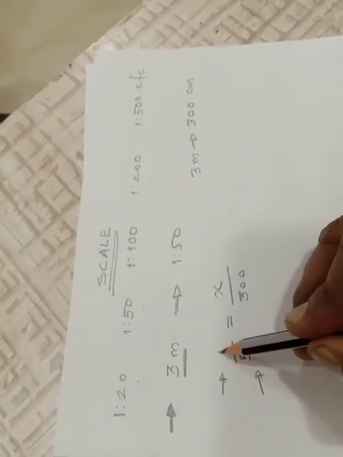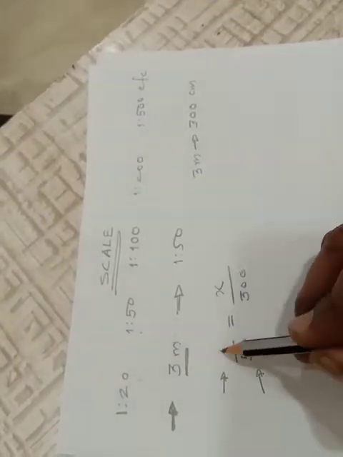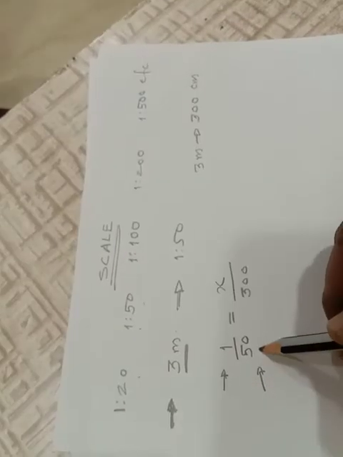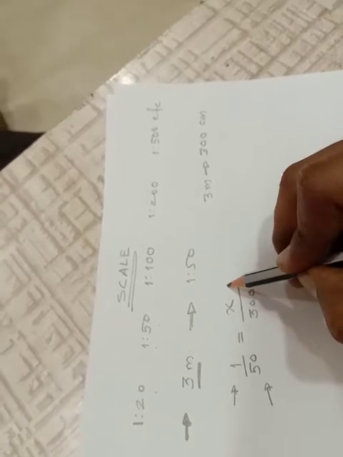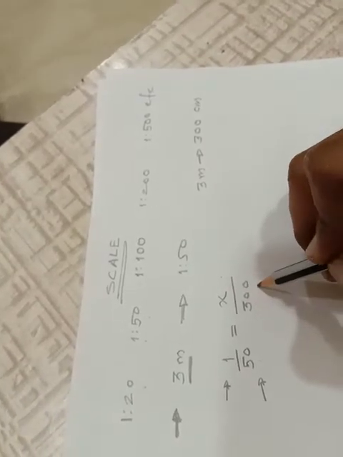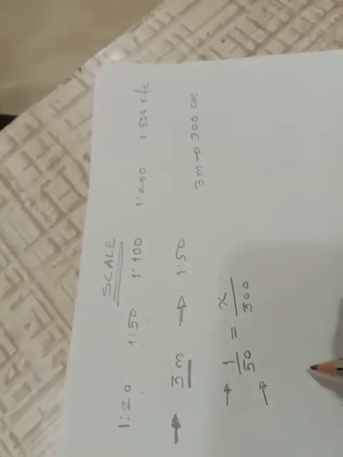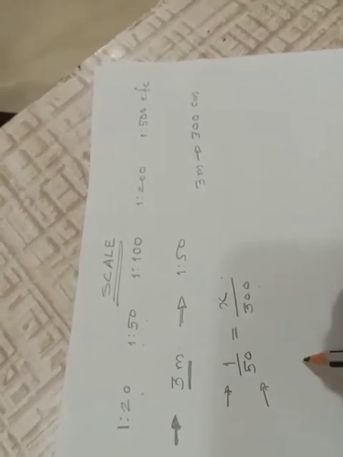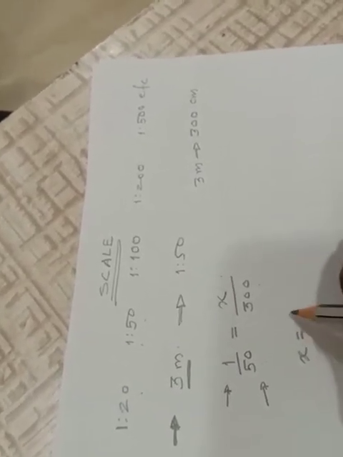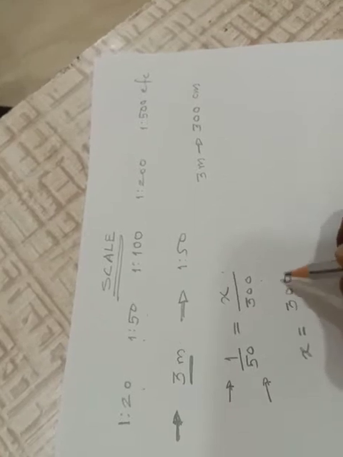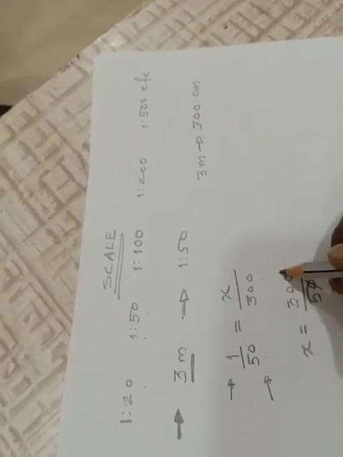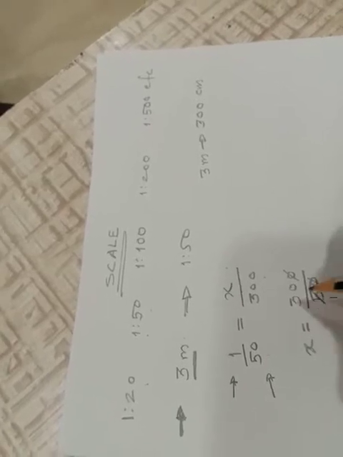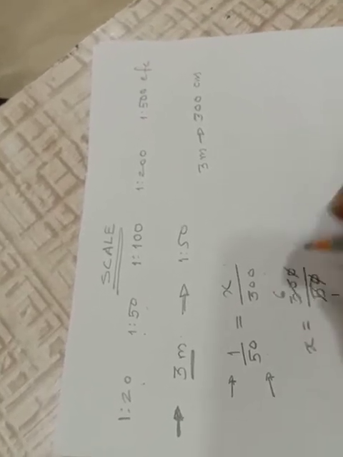1 centimeter on paper, 50 centimeters on ground; X centimeters on paper, 300 centimeters on ground. Now by cross multiplication you will get X is equal to 300 divided by 50. The 0 gets cancelled in this way. 5 1s are 5, 5 6s are 30.